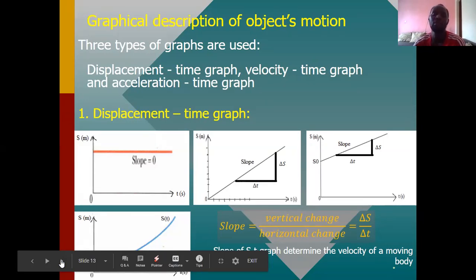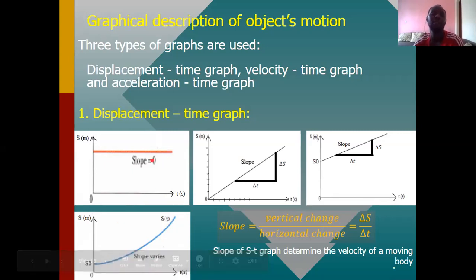The first graph, the displacement time graph. Here we have the horizontal straight line. A horizontal straight line means that the position doesn't change. If the position doesn't change, it means that there is no movement. The second one, we have the slope.